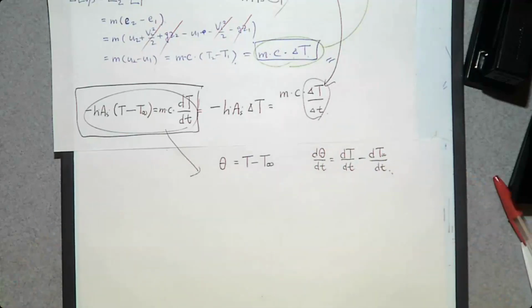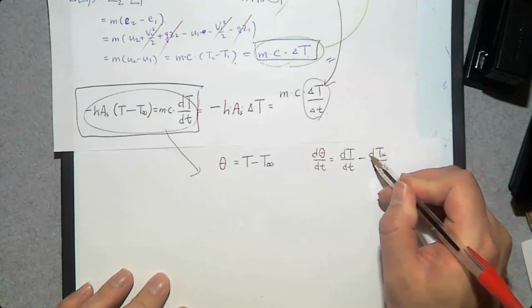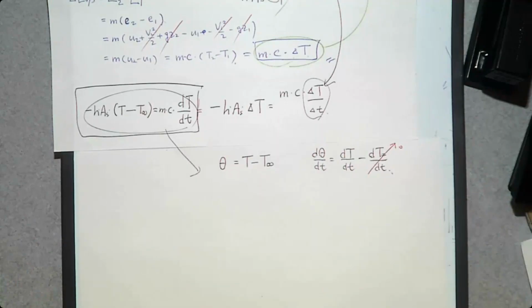Then what is this T infinity? That's the temperature of the fluid, which is constant. So dT, the change in a constant, is 0. So d theta over dt is going to be d temperature over d time. So we can replace the right-hand side with d theta over dt.